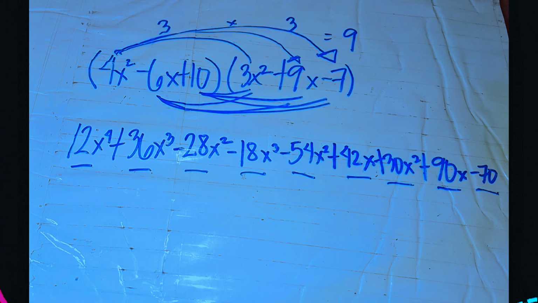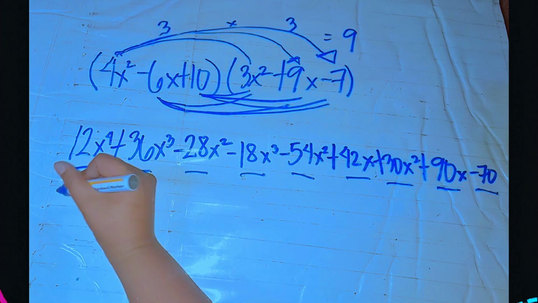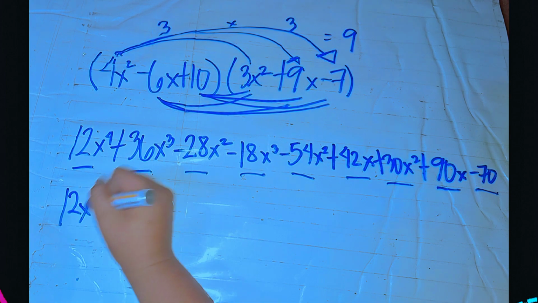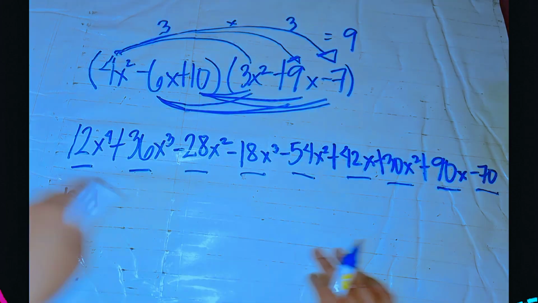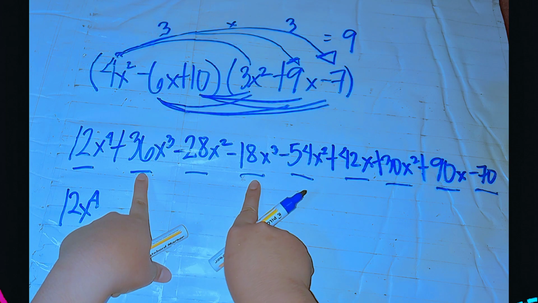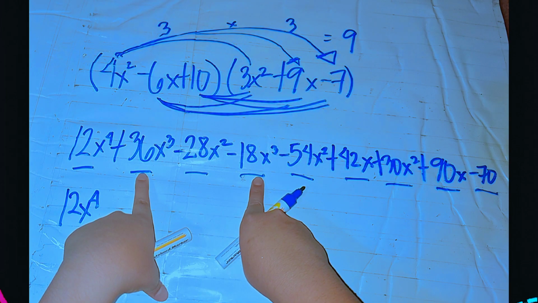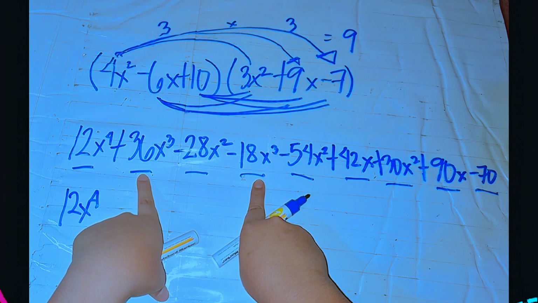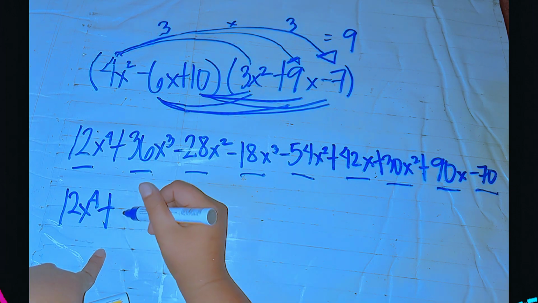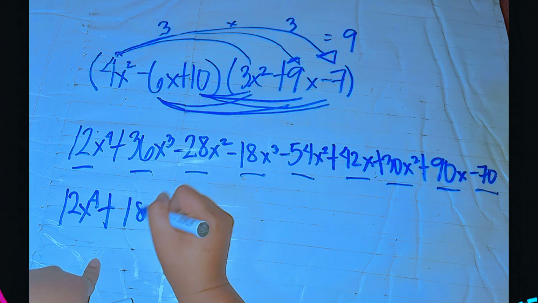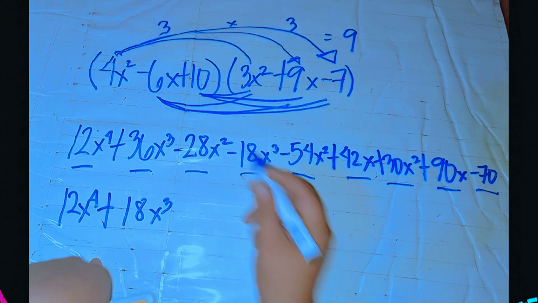I can only see 1 term with x to the power of 4 here, so we'll have 12x to the power of 4. Then for x cubed, positive 36 minus negative 18x, we'll have positive 18x cubed.